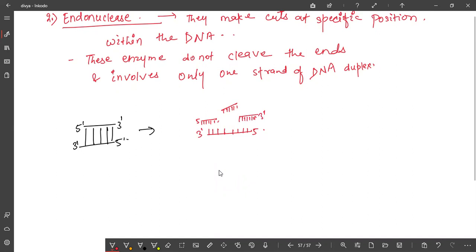This is 3 prime, this becomes 5 prime, this becomes 3 prime, and this again is 5 prime, 3 prime. It means that when we use endonuclease enzyme, it will cut the DNA but only in one strand, because you are seeing that the 3 prime to 5 prime polarity of the DNA strand is not being cut. Okay, Devika?